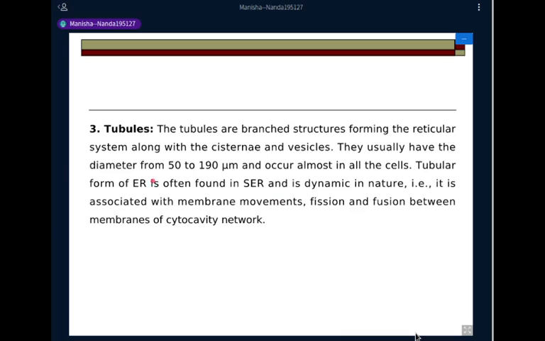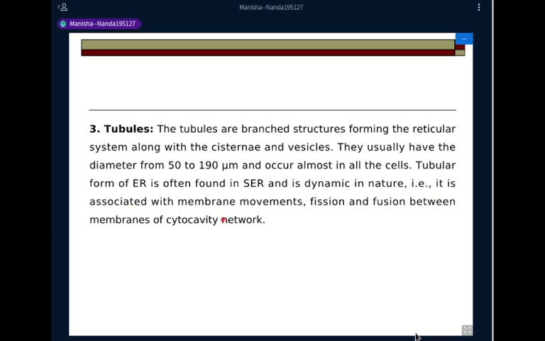So the last part, that is the tubules, are branched structures forming the reticular system along with cisternae and vesicles. They actually connect these, and they usually have a diameter of 50 to 190 micrometer and occur in almost all the cells. The tubular form of ER is again found in the smooth endoplasmic reticulum and is dynamic in nature.